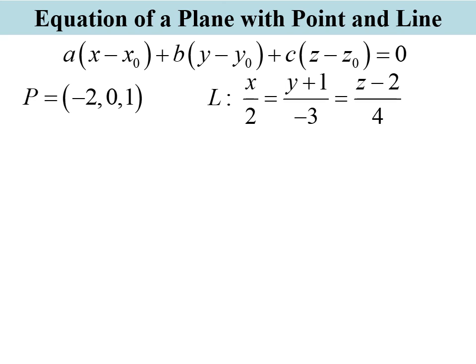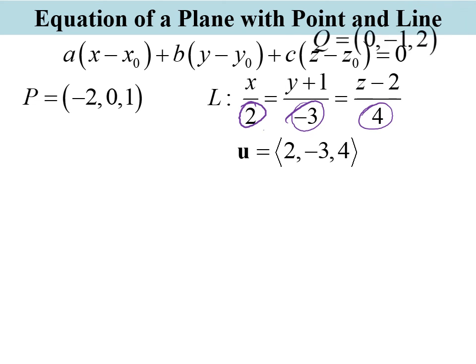Now we're going to use point P and line L to find the equation of the plane. So the first thing that we need to do is find a vector along the line, and you can see all we have to do is look at these bottom numbers to find that vector.